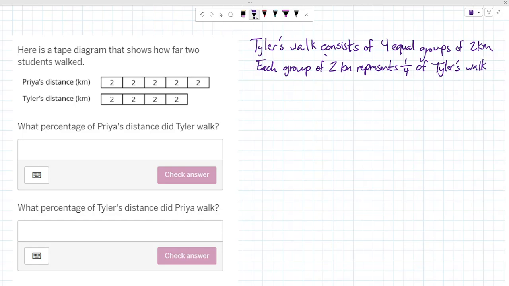So then we ask, what is 1/4 as a percentage. So really we ask, what is 1/4 of 100%?